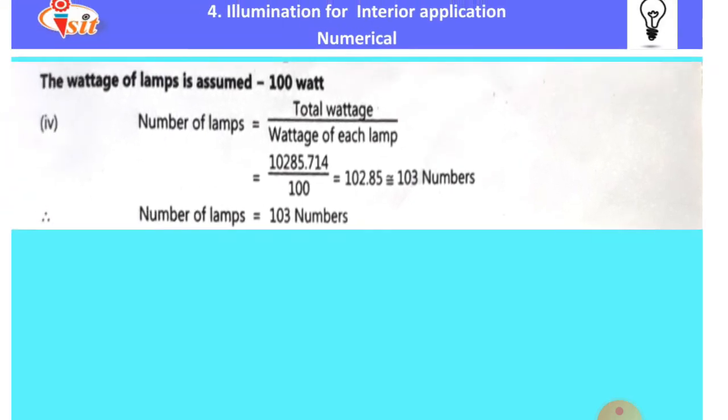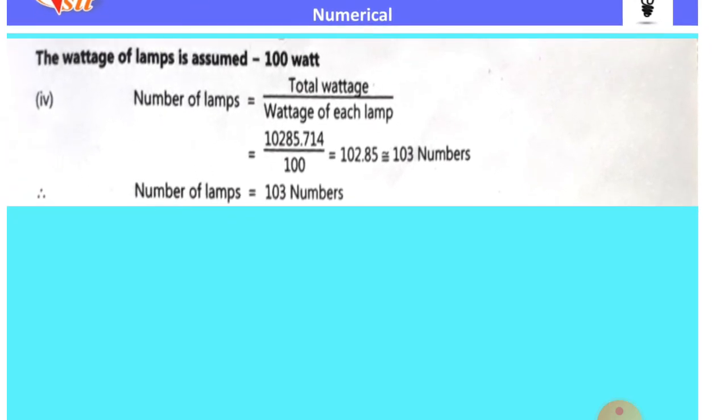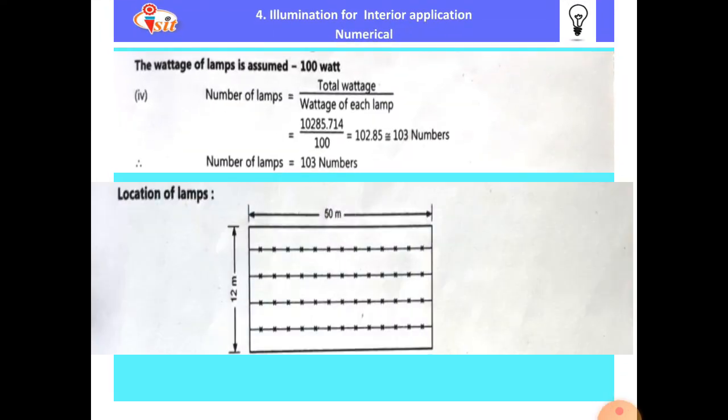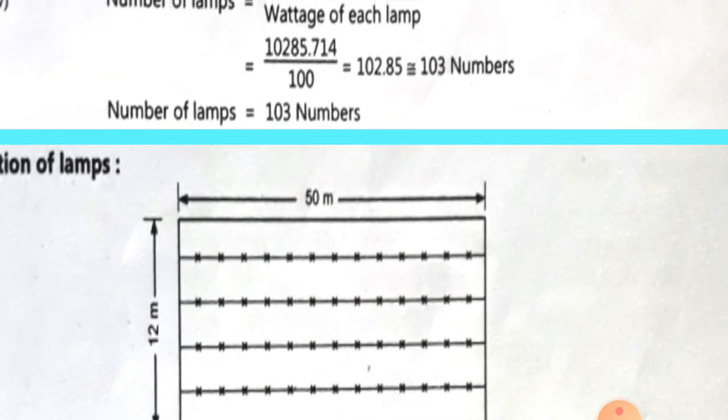Now we have to find the number of lamps. If we assume the 100 watt lamp, then dividing by the total wattage, we get 102.85 number of lamps, that is 103 number of lamps are required. For the disposition, we have to draw the layout.